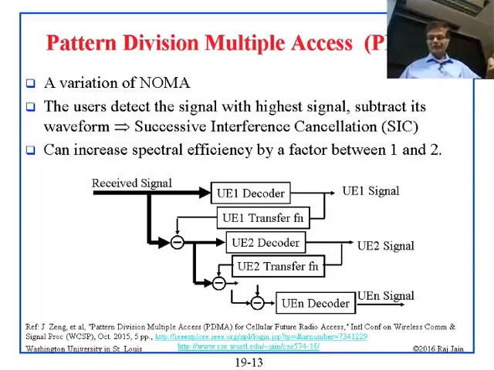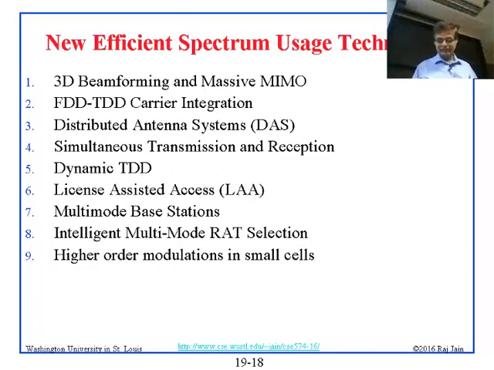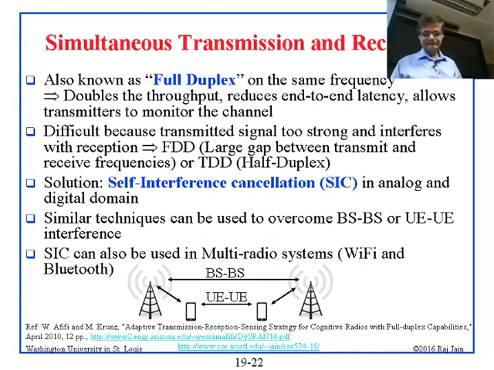So the nth user has to subtract out 1, 2, 3, 4 to get to itself. And the first user doesn't have to subtract out anything; it gets the signal with the highest power, and it's done. So PDMA is subtracting out other people's signals. Here you have to subtract your own signal.